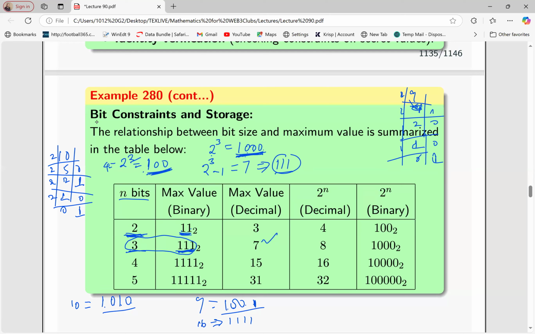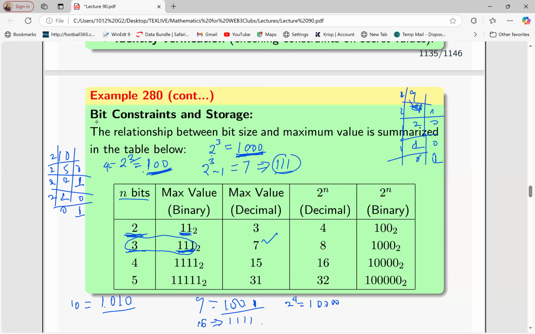Now from 16, we go to 5 bits and so on. 16 is 2 raised to 4, which is 1 with the 4 zeros.